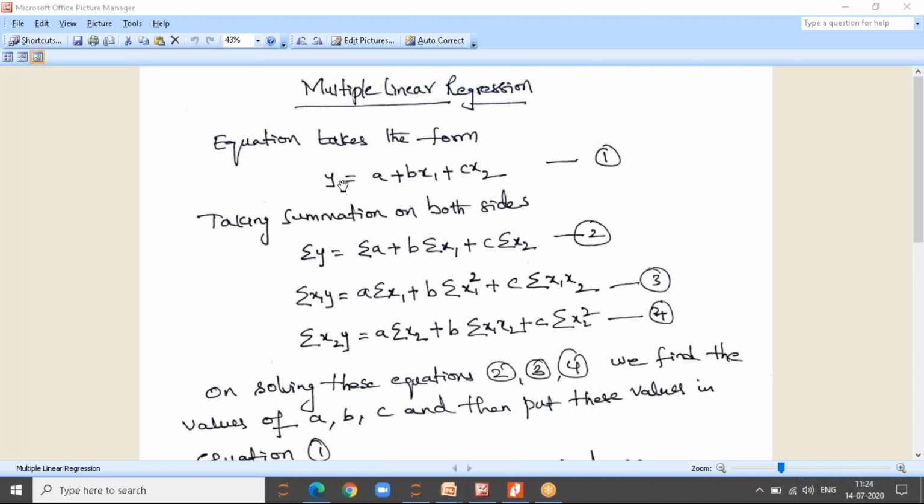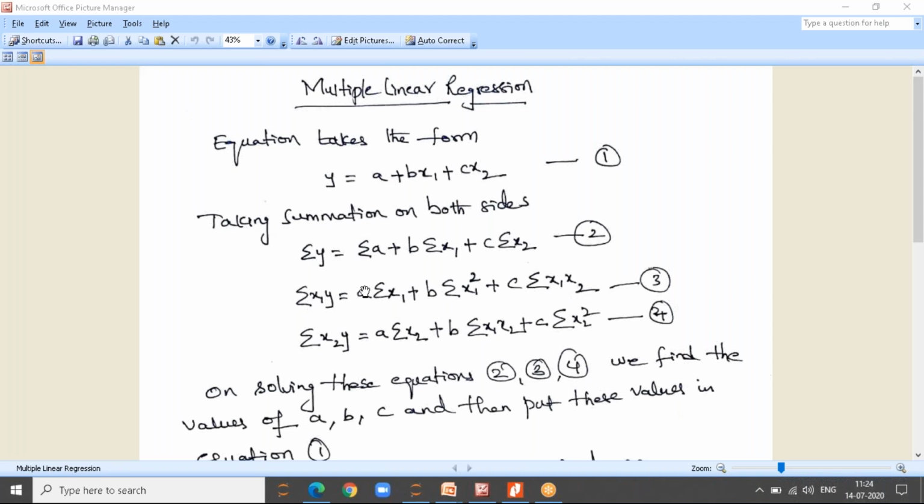So I am multiplying the same y with this x1. When I multiply, I get a into sigma x1 plus b into sigma x1 square plus c into sigma x1x2.